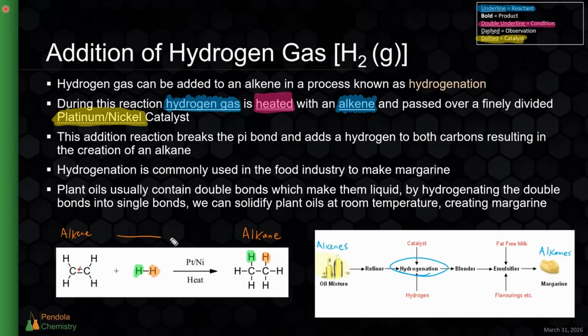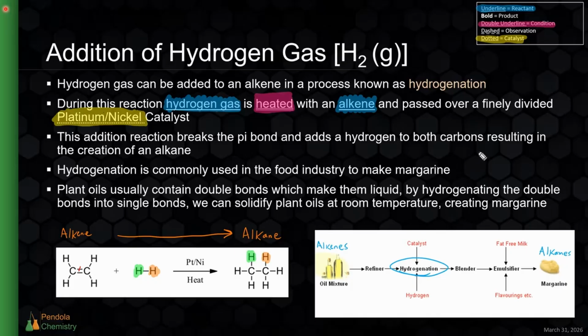So I mentioned how it's important to view reactions in organic chemistry as the transformation of one functional group to another. Well, when we react alkenes through hydrogenation, through the addition of hydrogen gas, we are turning an alkene into an alkane. And that's very important to realize.